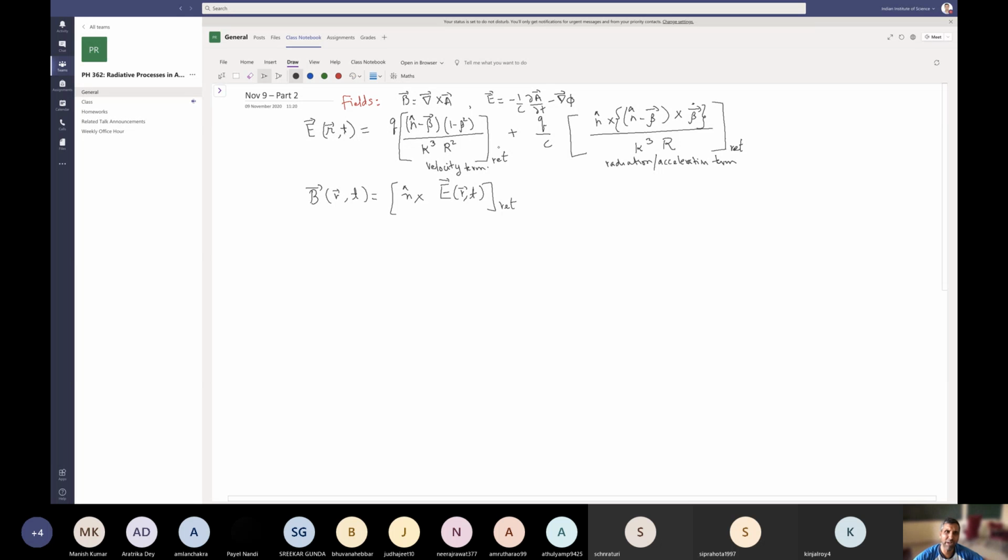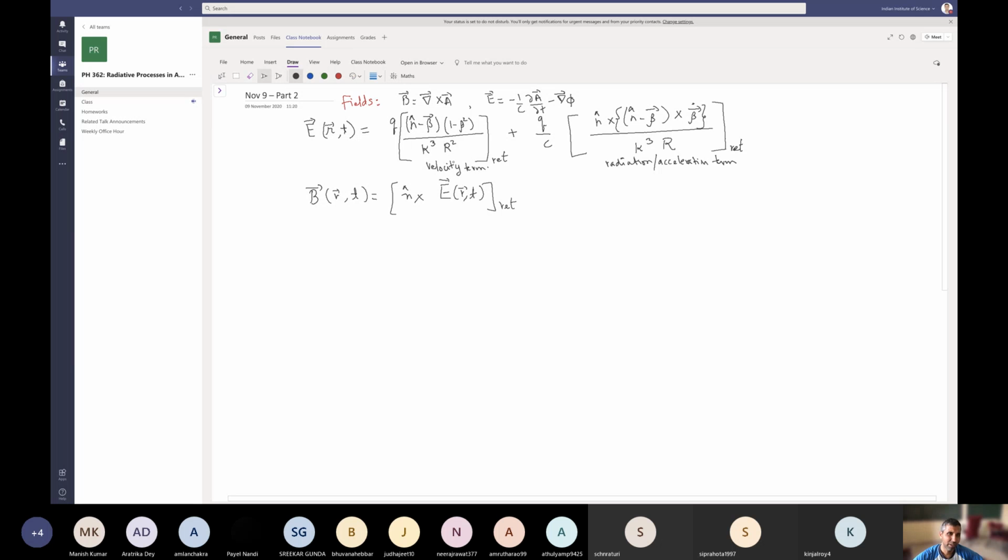You recall beta was the instantaneous velocity at the retarded time. Beta dot is the acceleration, right? Acceleration is beta dot times c. Now, when we plug in your A and phi from the previous expression into these, this is what you get.